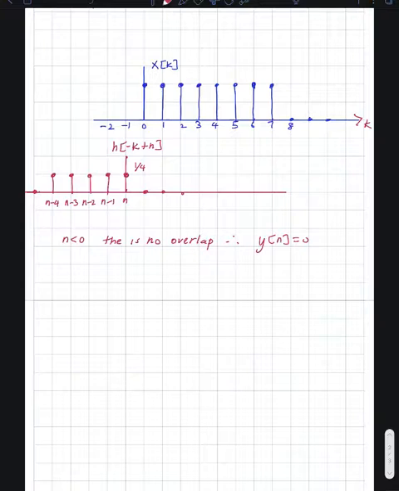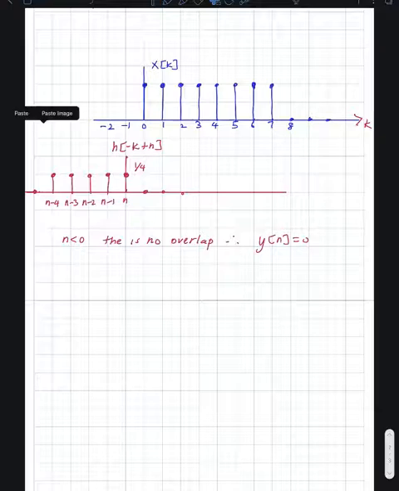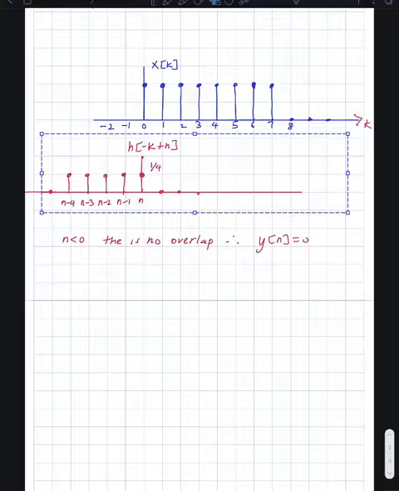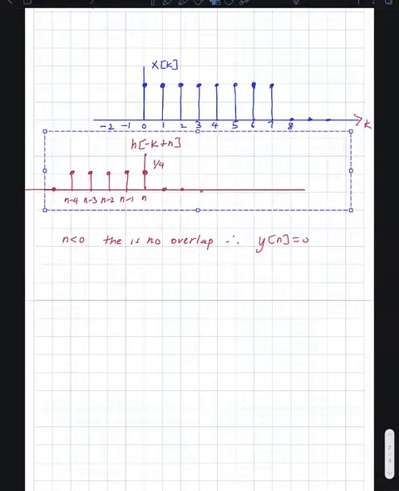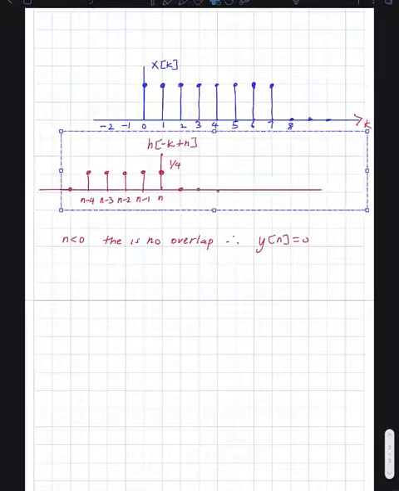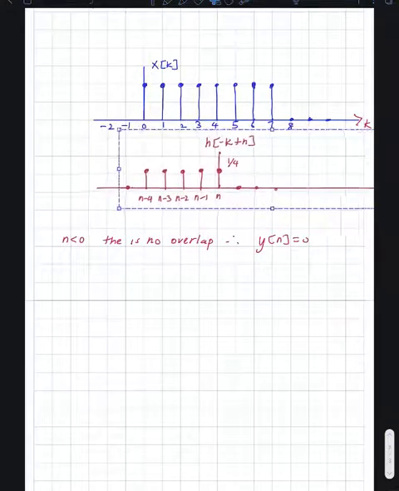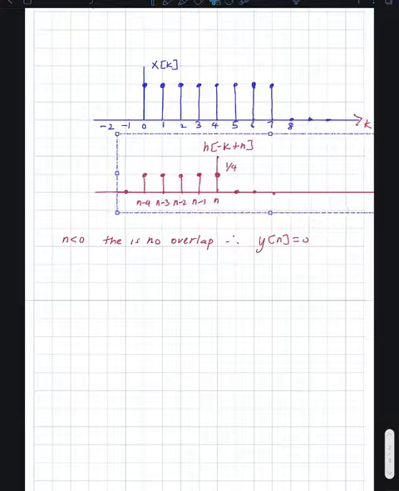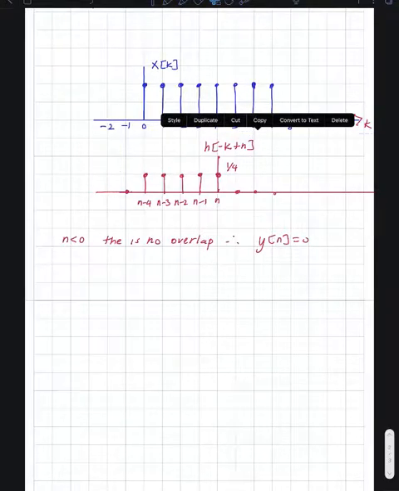Now you start to overlap. You will begin to overlap when n is equal to 0, when n equals 1, n equals 2, n equals 3, and n equals 4. When n equals 4, that's a complete overlap of x[k] and h[n minus k].